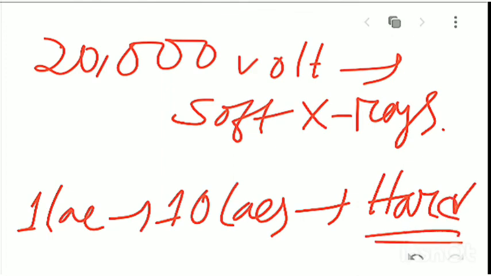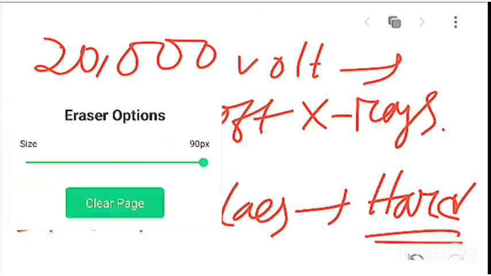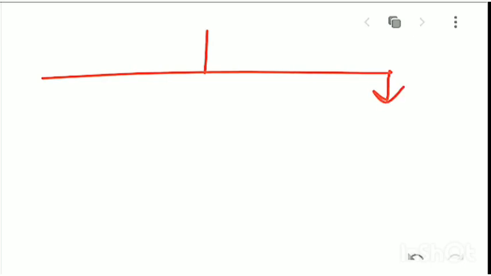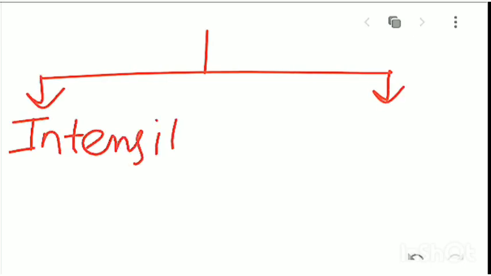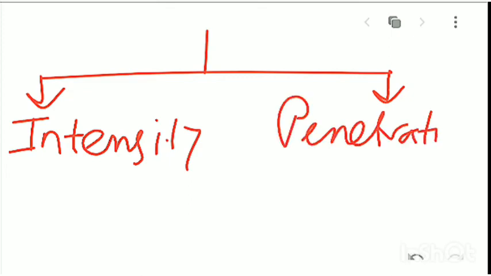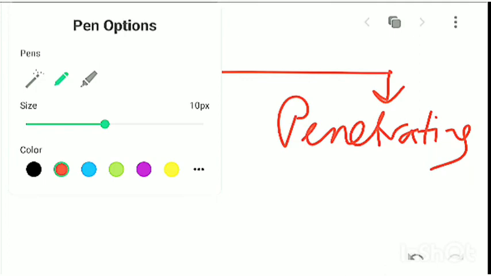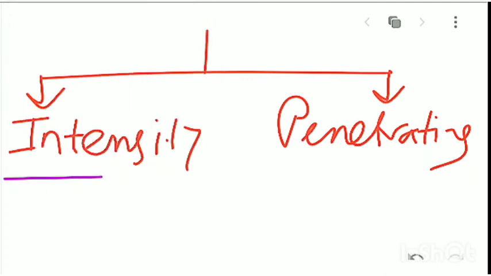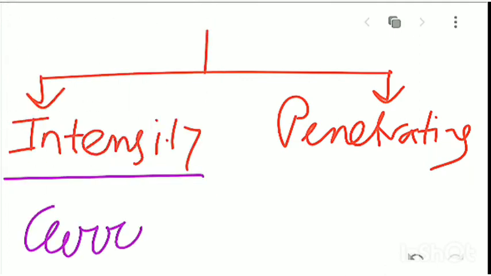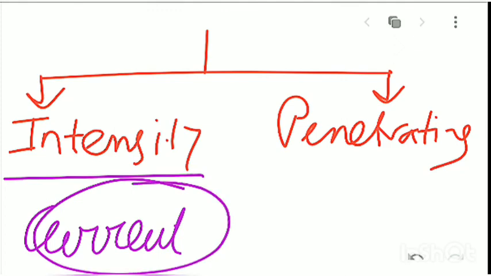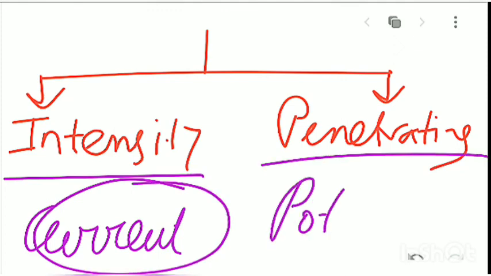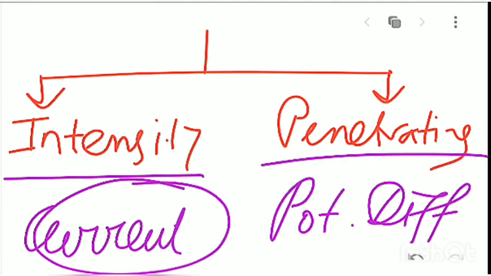So we have reached our conclusion that of the two things, intensity depends on the current flow and penetrating power depends on the potential difference.